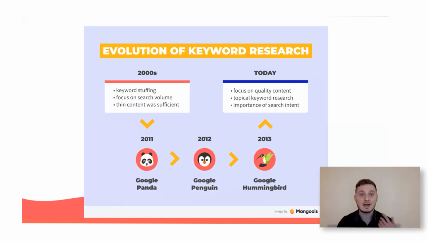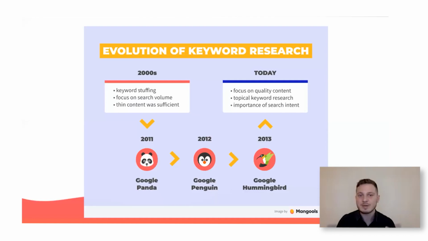All right. Well, before we dig into how to do keyword research, I'd like to stress the fact that SEO keeps changing, and this is caused mostly by Google and their algorithm updates. Their goal is to show the best possible results, and that directly affects how we do keyword research.